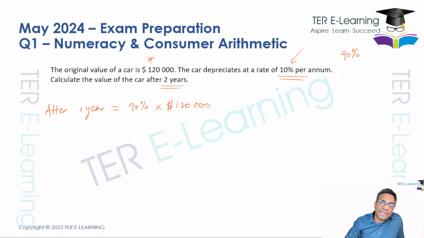Like I said, there are more than one ways to work out depreciation. So this is going to be 0.9 multiplied by 120,000, and that's going to give us 108,000.